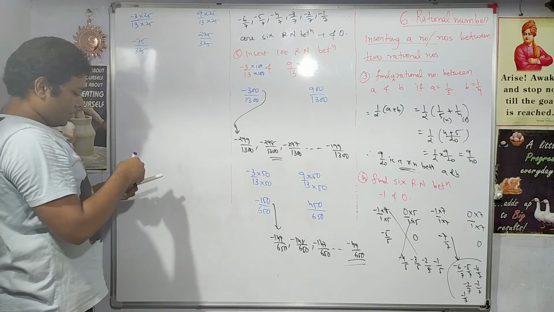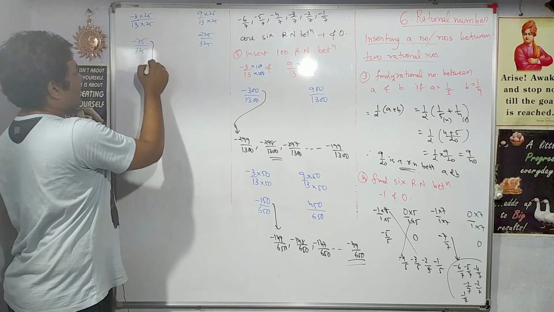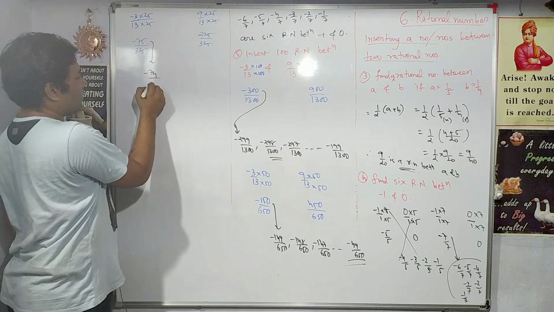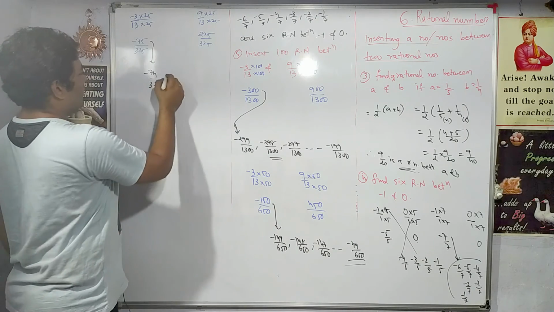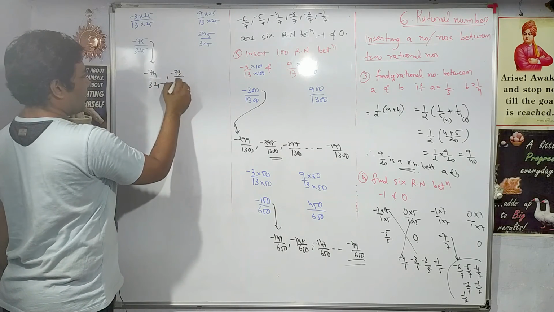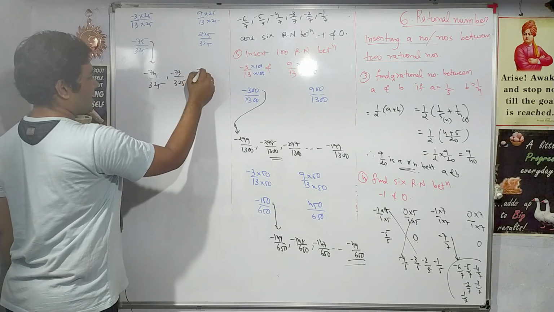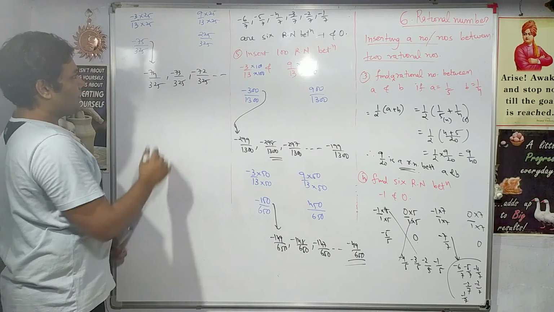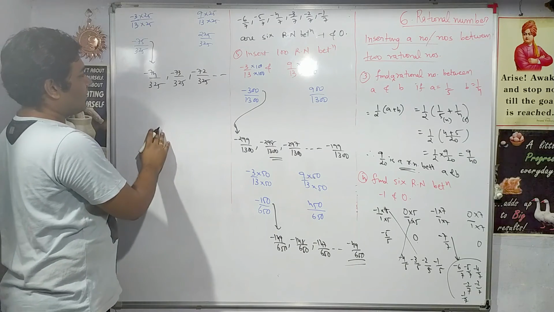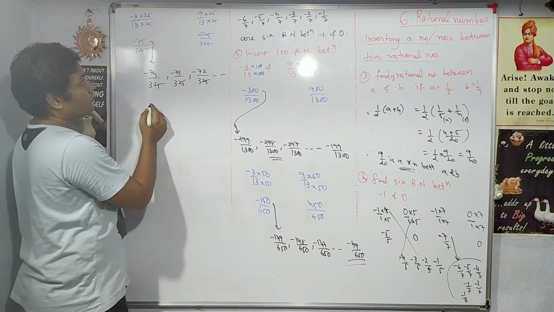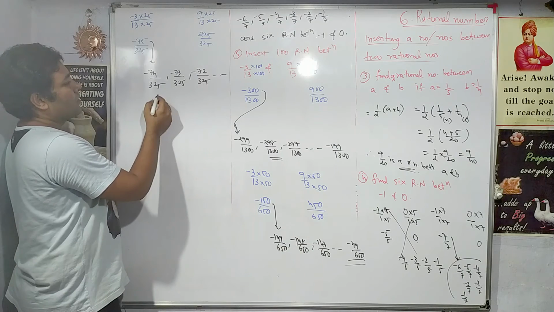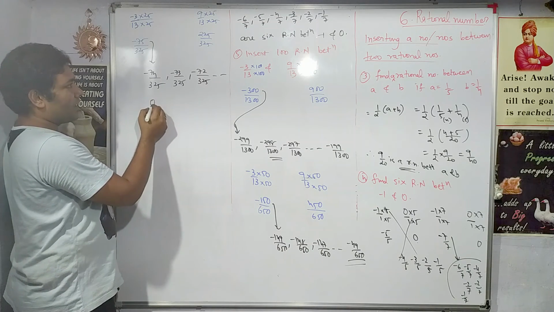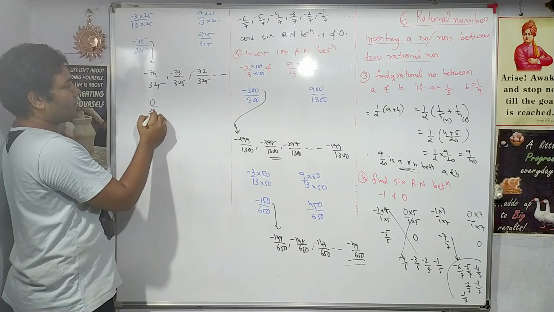So again here if we start, what will I get? Minus 74 upon 325, minus 73 upon 325, minus 72 upon 325, and so on, right? Then I will get 0, because 0 upon 325.